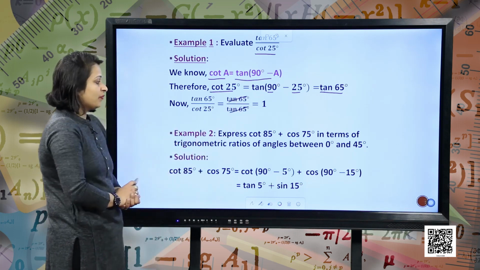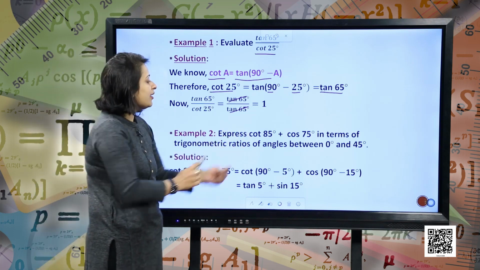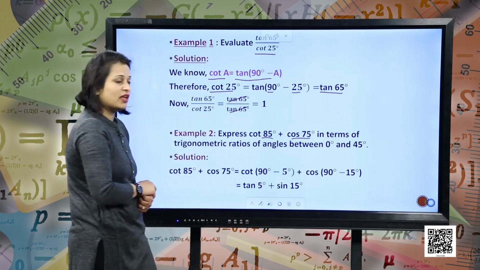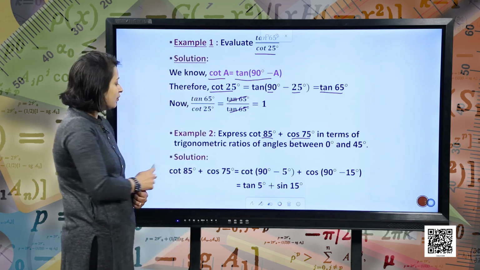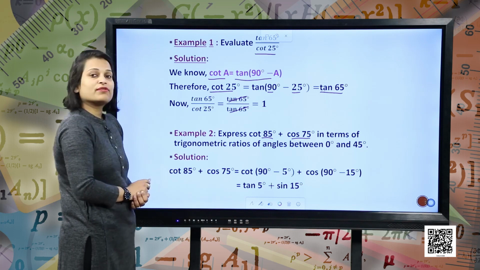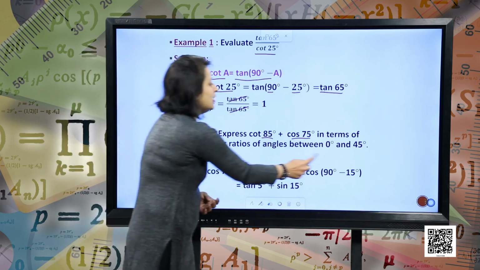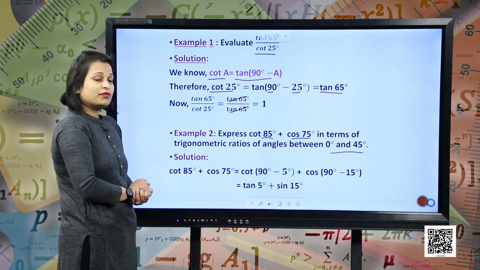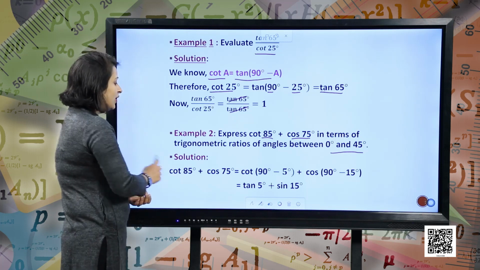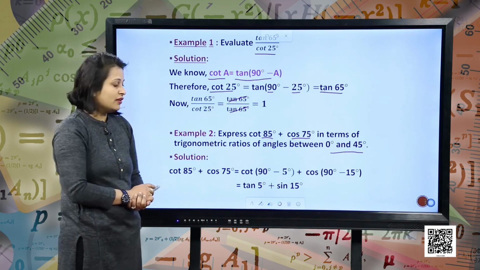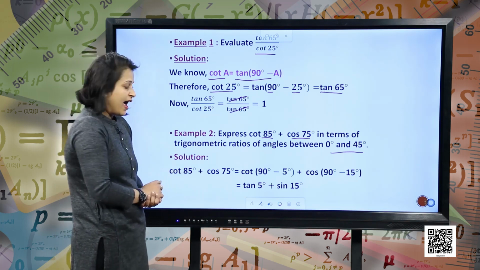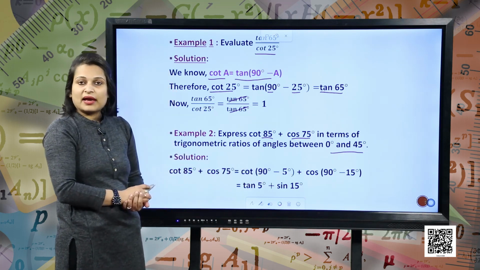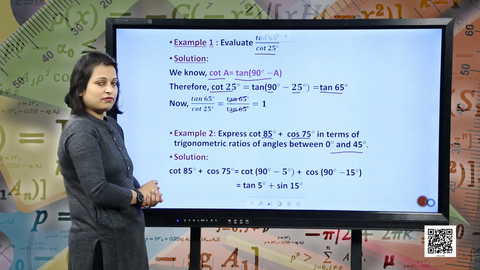Now example 2. Express cot 85 degree plus cos 75 degree in terms of trigonometric ratios of angles between 0 degree and 45 degree. So what will we get? Cot of 85 degree. We can write cot of 85 degree as cot of 90 degree minus 5 degree, because 90 minus 5 will give you 85.